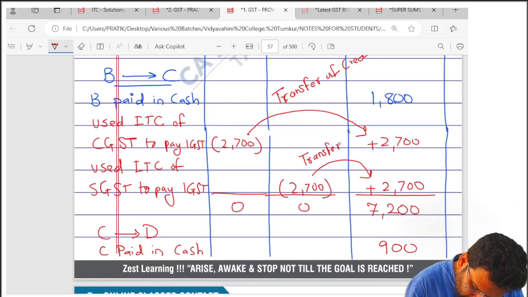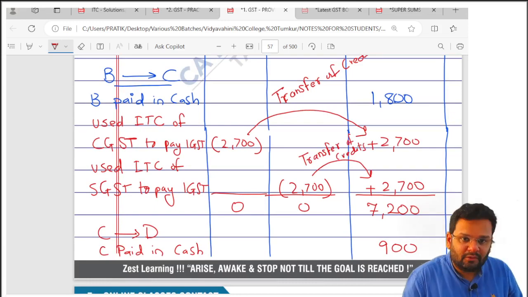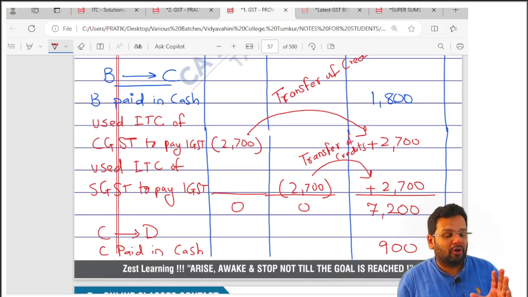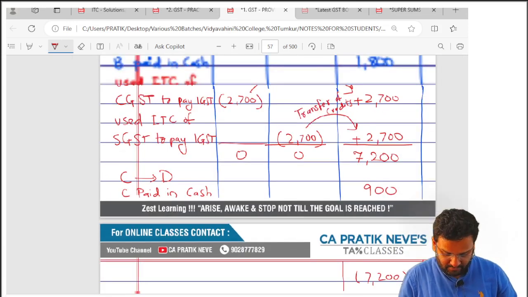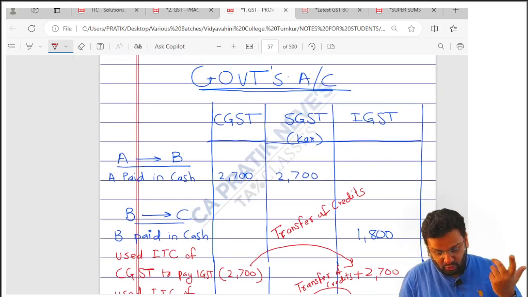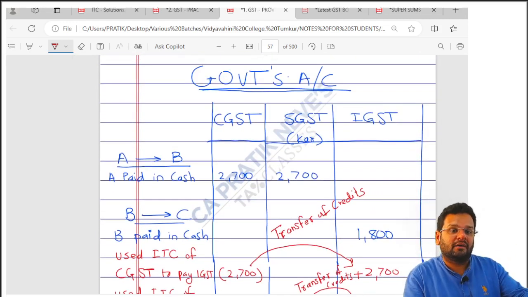Okay. So hope you have understood the topic of utilization of ITC to pay output tax and what the government does.